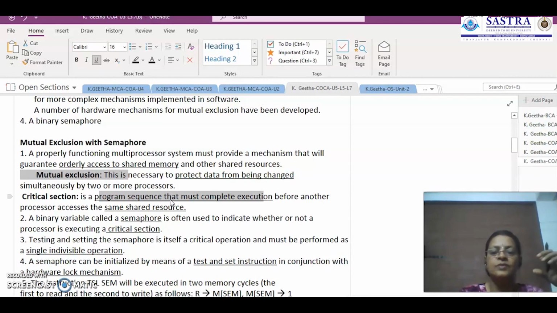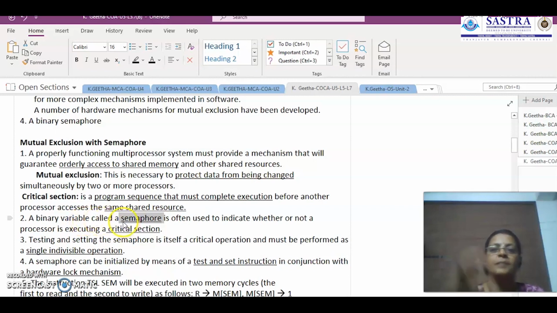Any portion which is going to critically affect the result if we allow multiple processes is going to be identified as a critical section. So who is going to enter into that and how we are going to ensure mutual exclusion is provided by some available mechanisms, and one such mechanism is called a semaphore. A semaphore is nothing but a binary variable, and that binary variable will act like a lock.